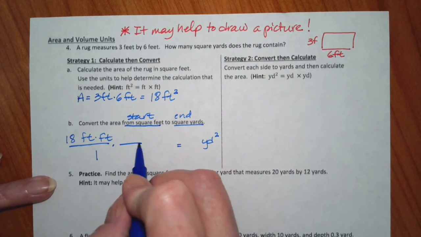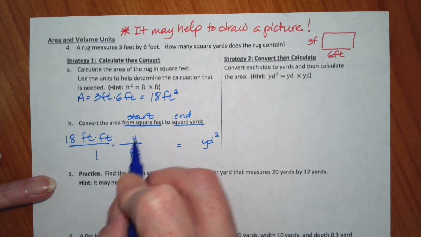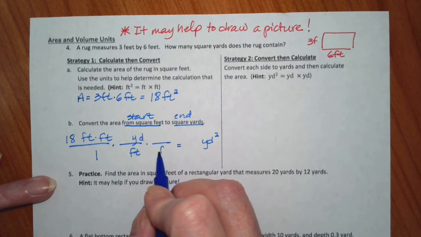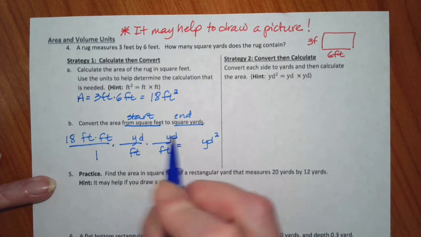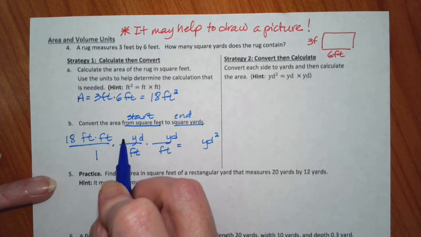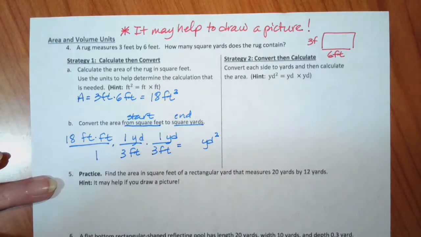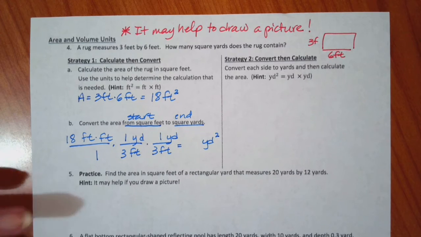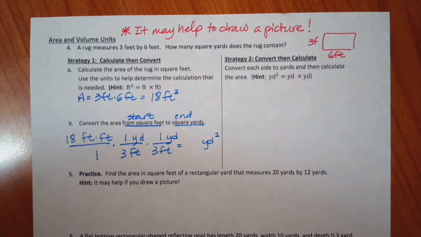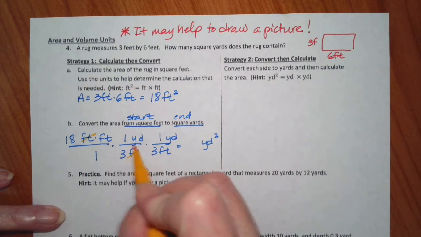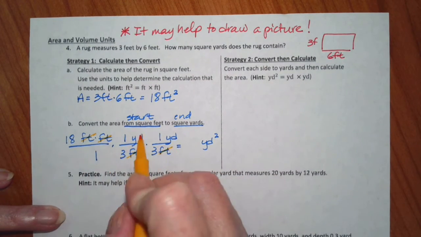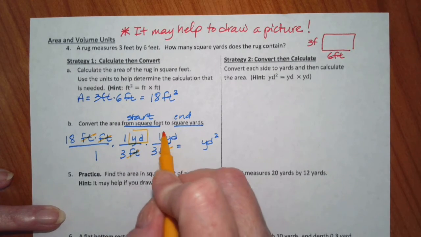Since I have feet and feet, I'm going to have to do the conversion twice. So I've got a conversion that goes from feet to yard, but I'm going to have to do it twice. So I know that 1 yard is 3 feet, 1 yard is 3 feet. So, yay, hooray, my feet are gone. I'm left with my yard and my yard.